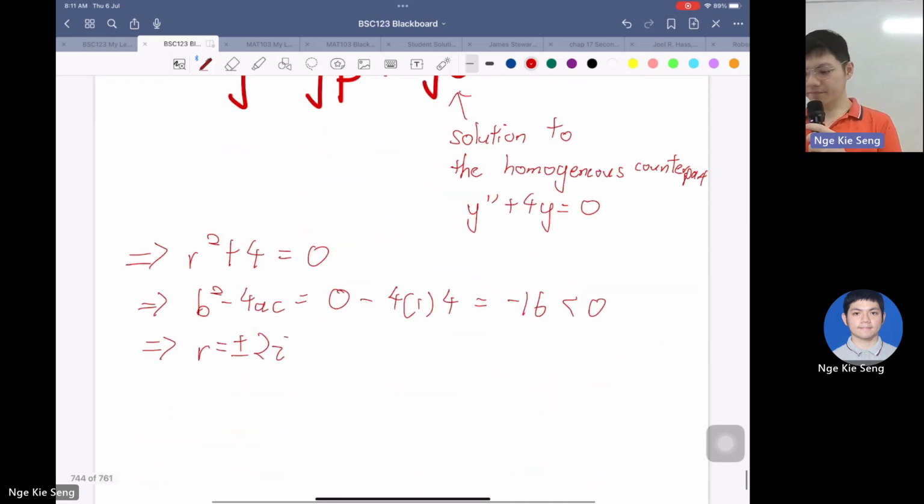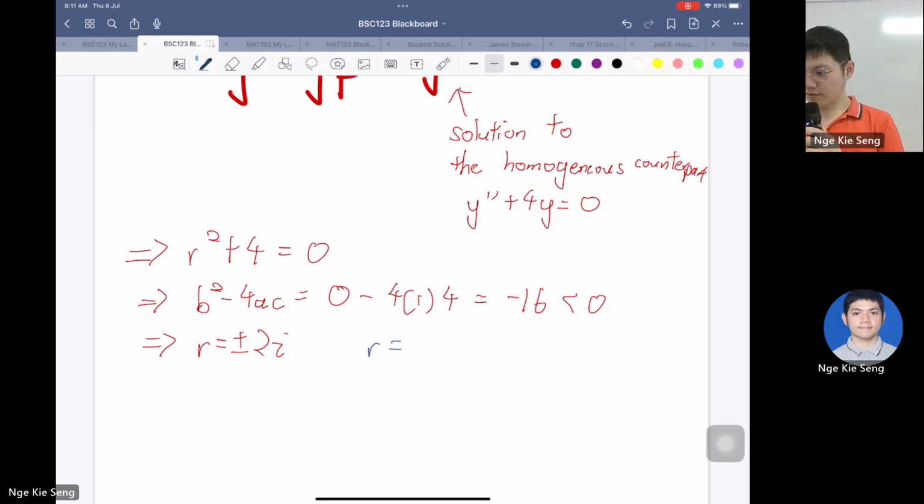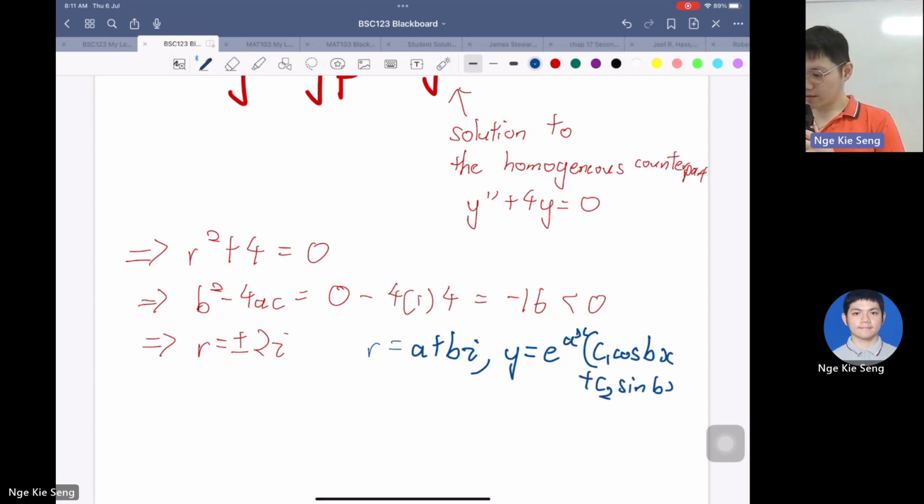In this case, this is a complex root. How do we write the solution for a complex root? If r equals a plus bi, then y equals e to the ax times c1 cos bx plus c2 sine bx.